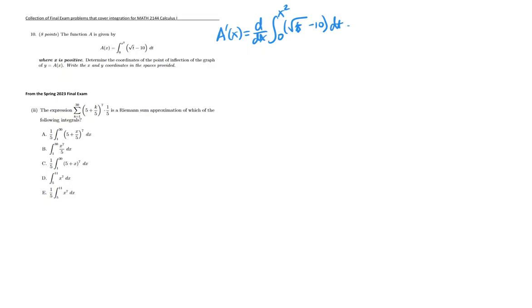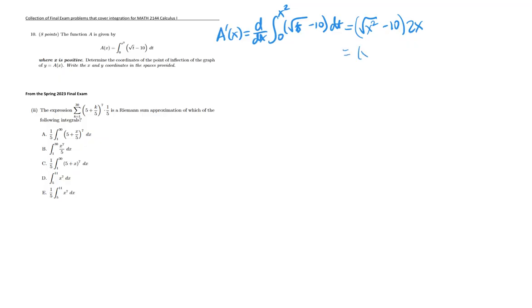So the derivative of that, I'll use chain rule. It's going to be square root of x squared minus 10, and then times the derivative of x squared, which is going to be 2x. The reason that it told me that x is positive is that when I square root that square, I should be able to actually get a positive number.